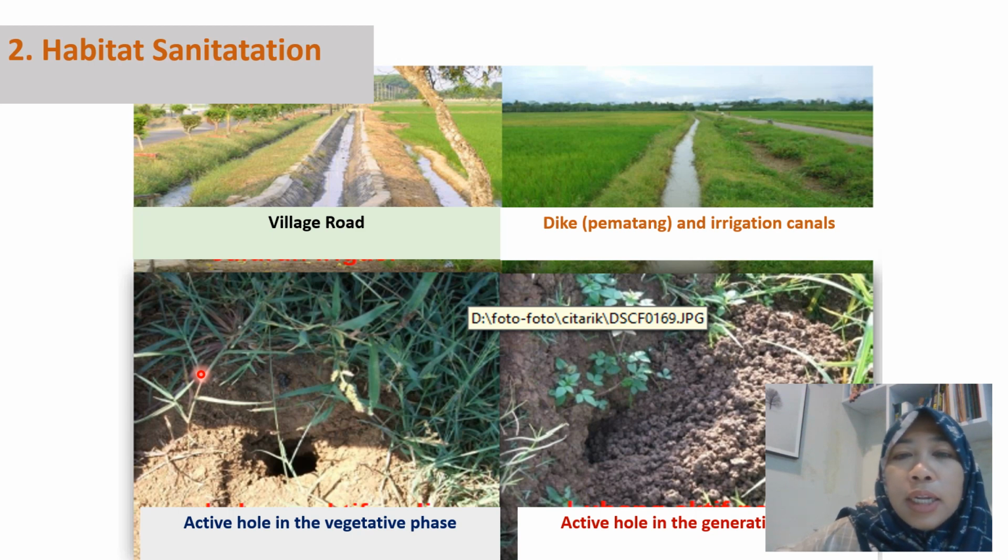For habitat sanitation, we have to be concerned about the dikes or irrigation canals. This is the active hole in a vegetative phase, and the right one is the active hole in the generative phase. So the look is different. Active hole is lubang aktif.